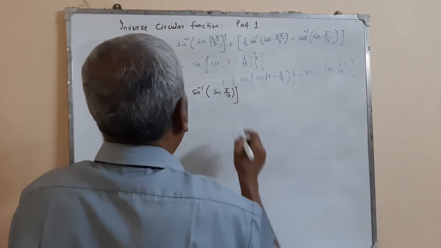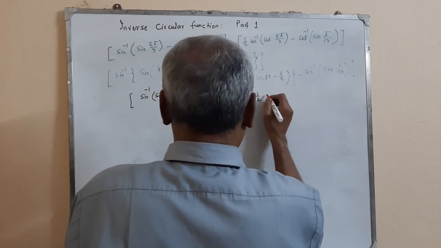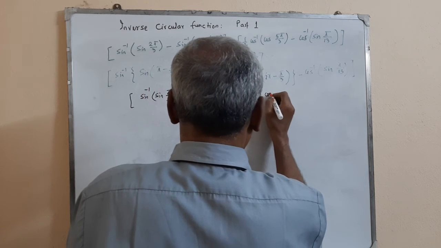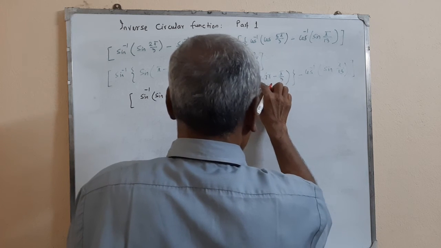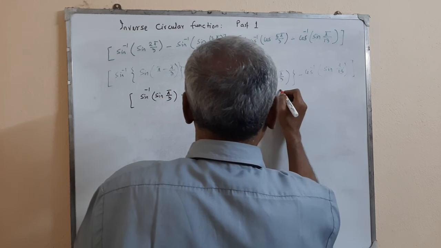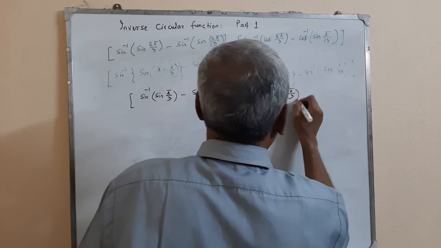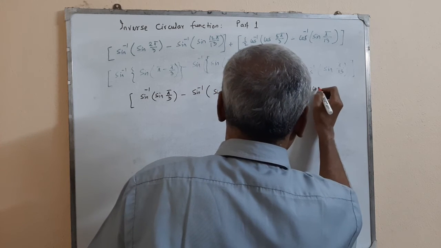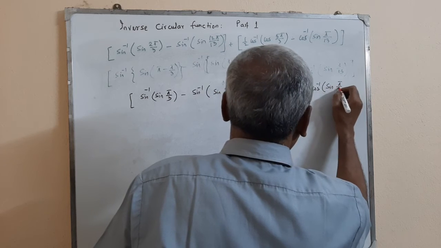Then this one plus half cos inverse. This is in fourth quadrant, positive, and 2 pi. So cos inverse cos of pi by 3 minus cos inverse sine of pi by 13.